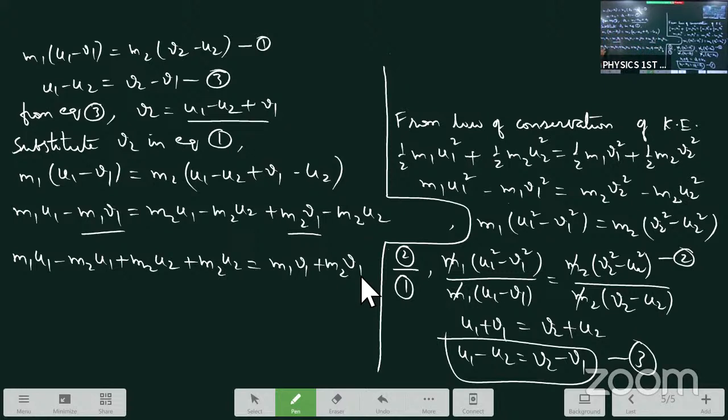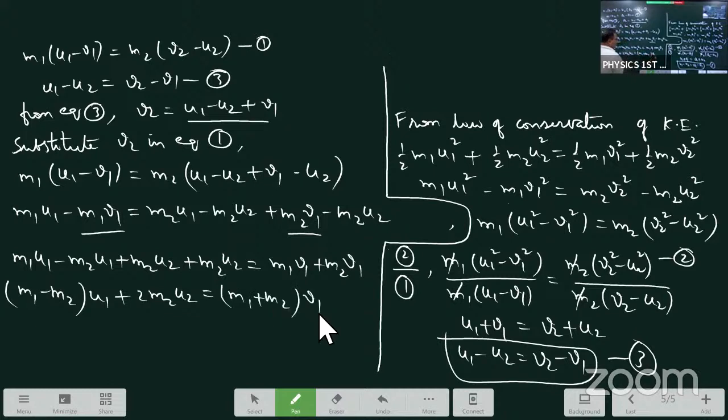That is M1 U1, M2 U1. U1 is common, that is (M1 minus M2) U1 plus M2 U2, M2 U2, 2 M2 U2, equals M1 V1 plus M2 V1, that is (M1 plus M2) V1. Now you send the (M1 plus M2) value to here.